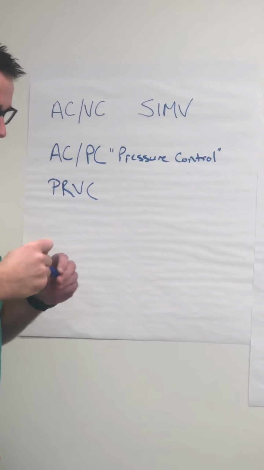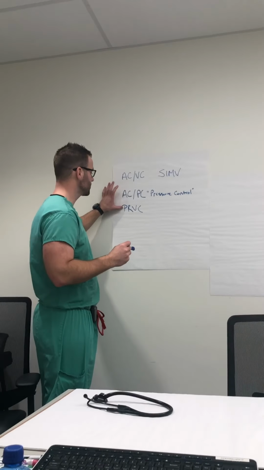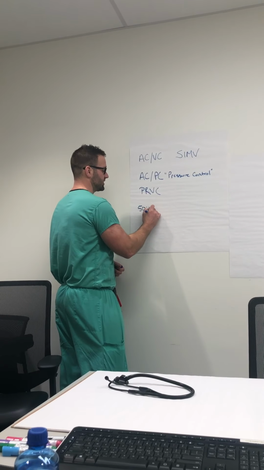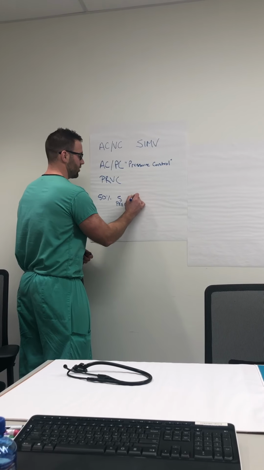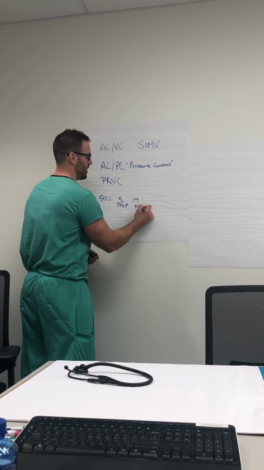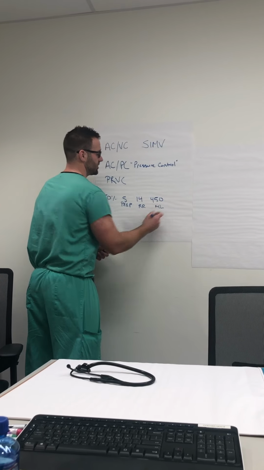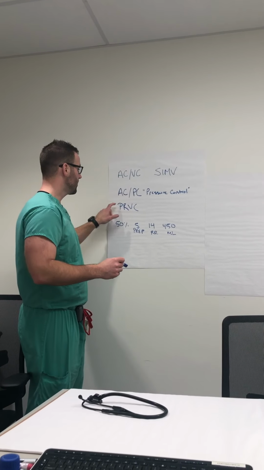When a ventilator is in this mode, what you see on the screen is like 50%, 5 of PEEP, some respiratory rate, and some tidal volume. That's what you would see on the ventilator for this up here.